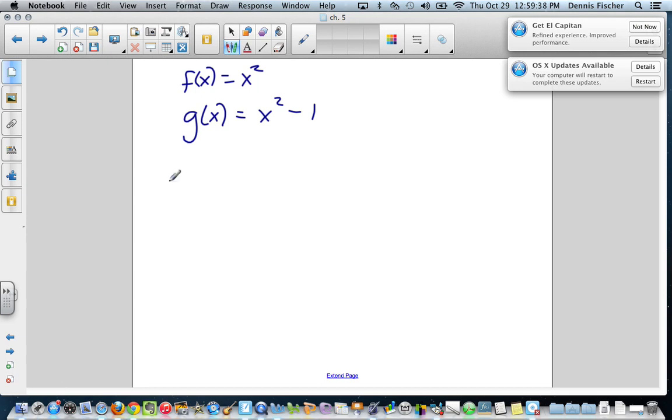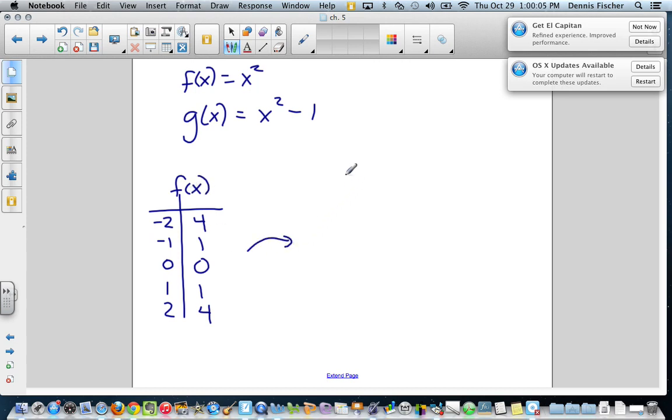Let's make our table first from f of x. If I use just the points -2, -1, 0, 1, and 2, and I plug those in, I'm going to get 4, 1, 0, 1, and 4. This is f of x.